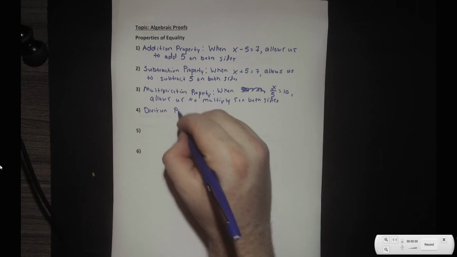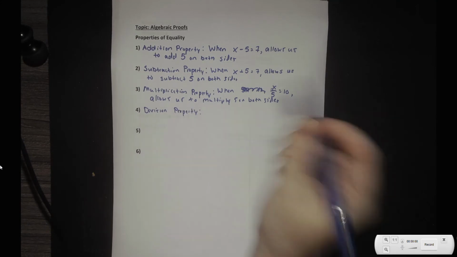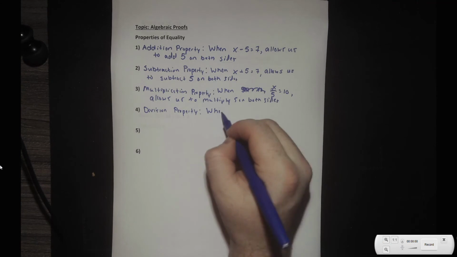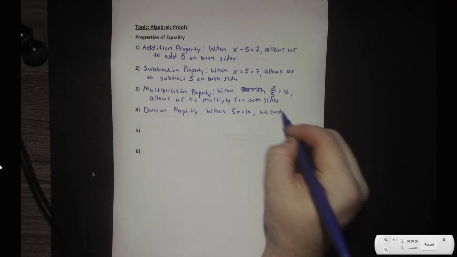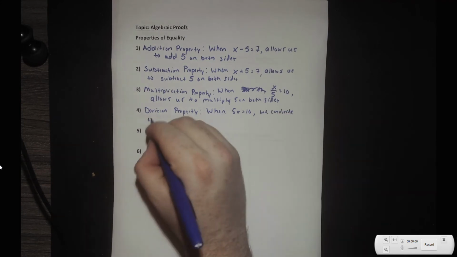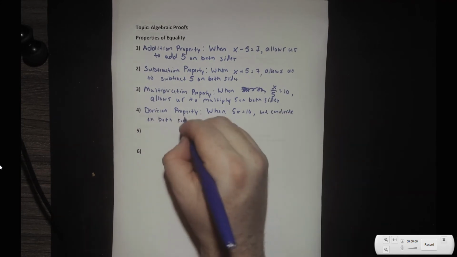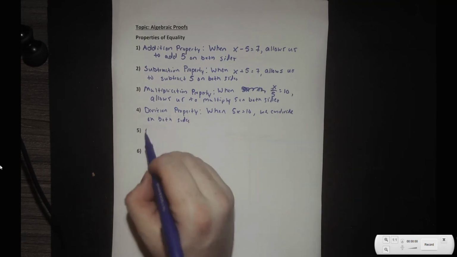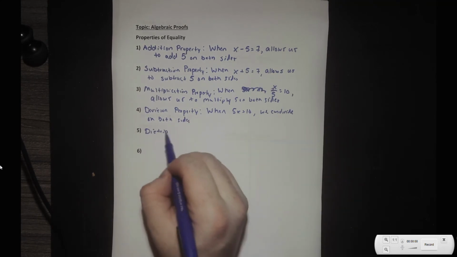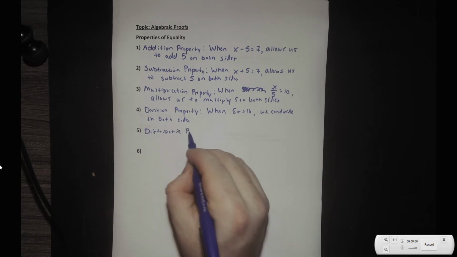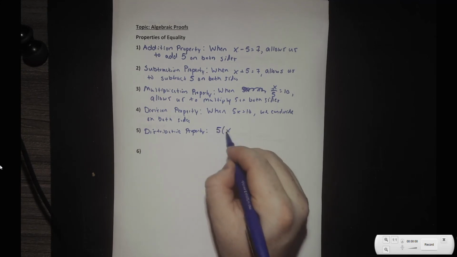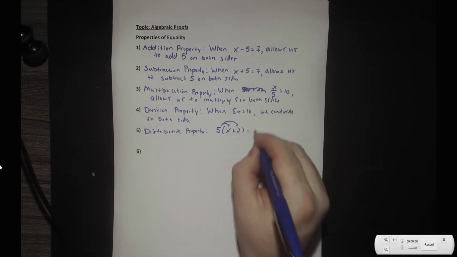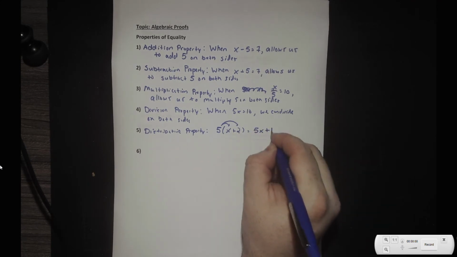We've got the division property. Now that would be when 5x equals 10, we can divide on both sides. We've got the distributive property. So if I have a 5 on the outside of x plus 2, I can distribute this number into 5x plus 2 and get 5x plus 10.